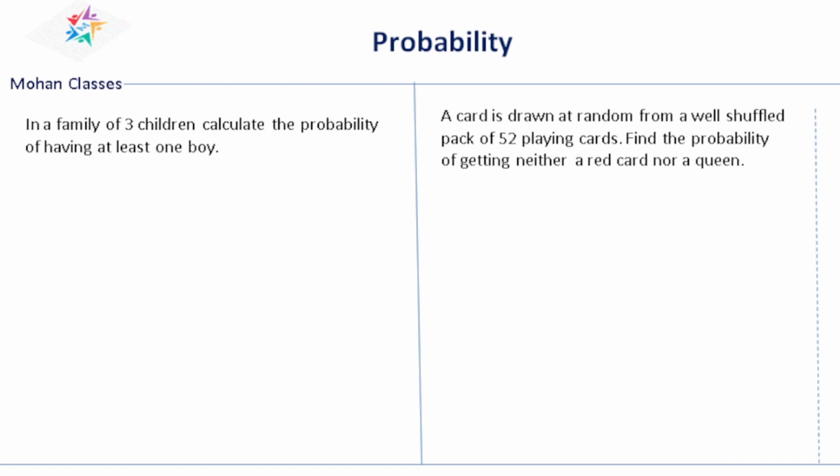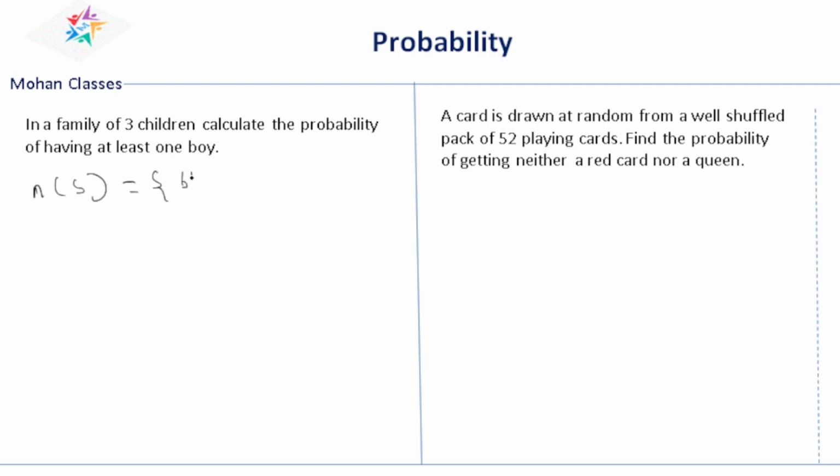Here, in a family of 3 children, calculate the probability of having at least one boy. At least one means a minimum of one boy should be there. First we have to write the sample space. There are 3 children.